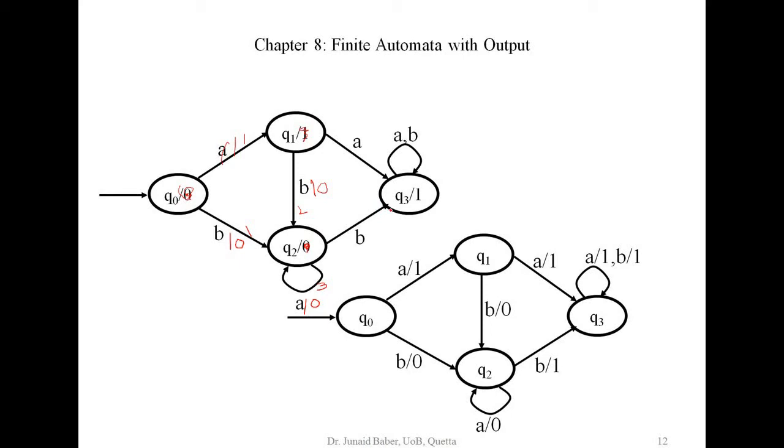How many incoming edges to Q3? Again, 1, 2 and 3. So A1 to 1, B1 to 1, this A1 to 1 and this B1 to 1, then you can remove this. This is very easy, very straightforward. In exams, for sure, I might give you 1 or 2 points objective for Moore to Mealy, but I will not give you a heavyweight question.